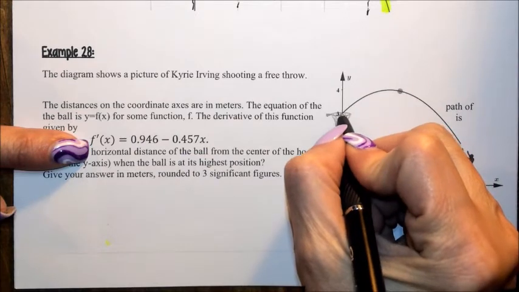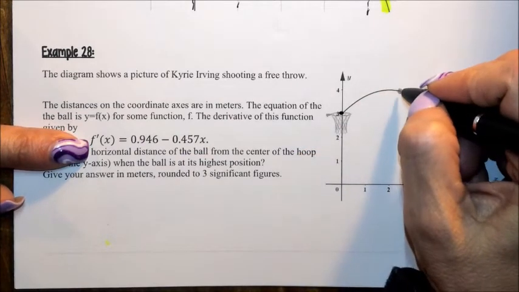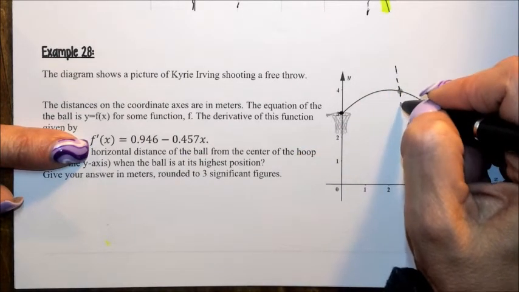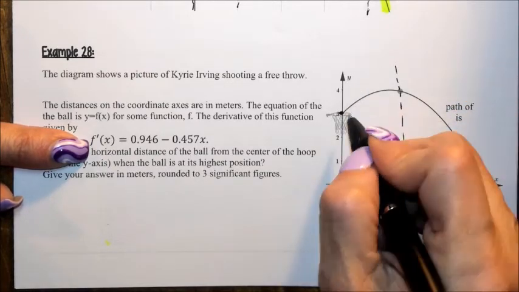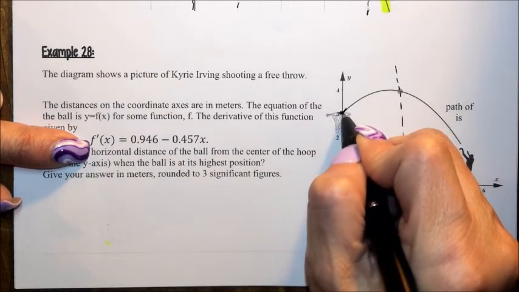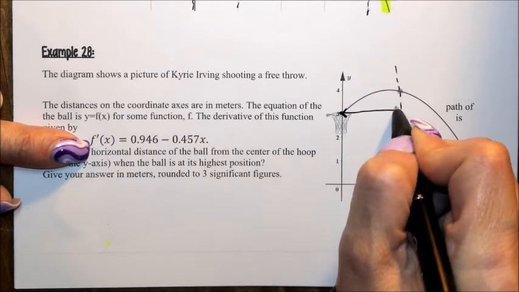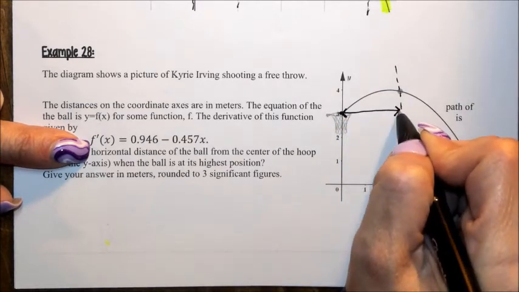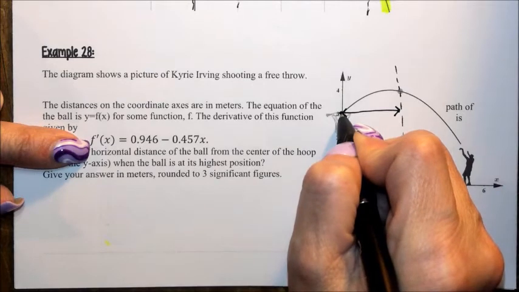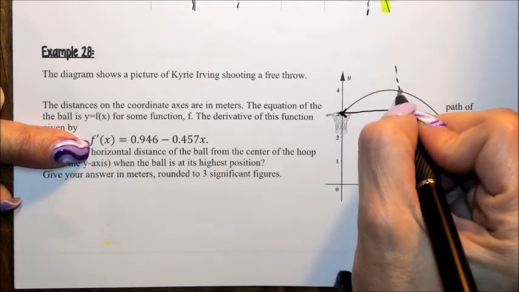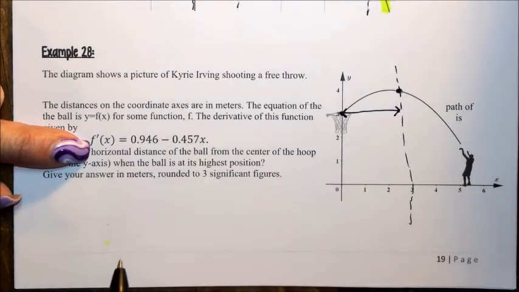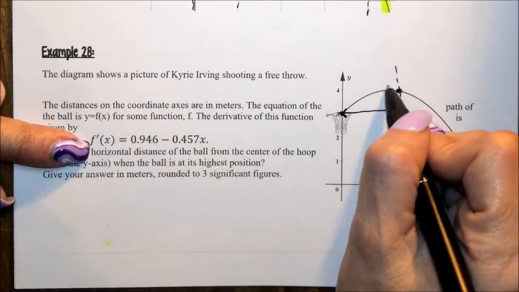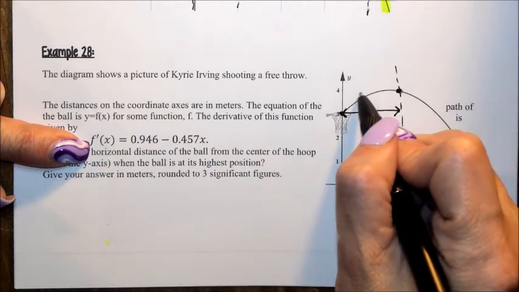I want to know this distance from here. I don't think that's exactly right. What I'm trying to find is the horizontal distance, from this line to the center of the hoop. They didn't draw it very well, but they're saying that this is the maximum height of the ball. So he shot the ball, or I guess it's really over there.